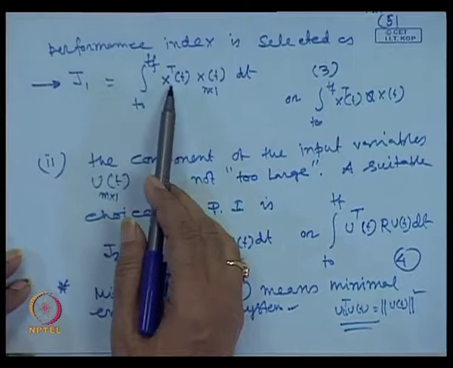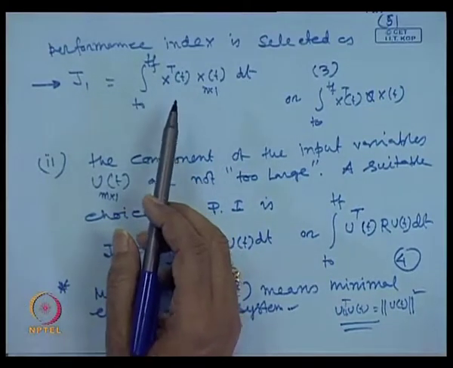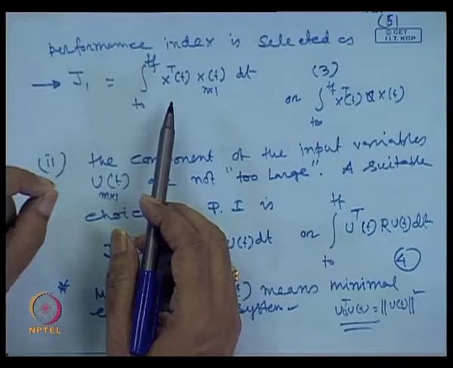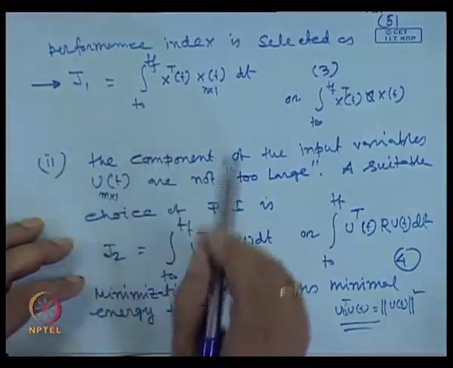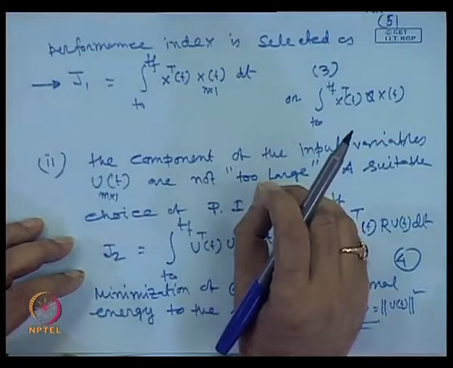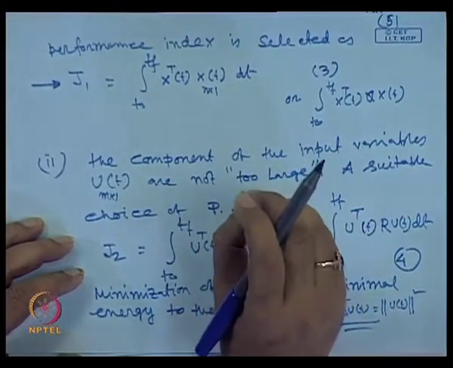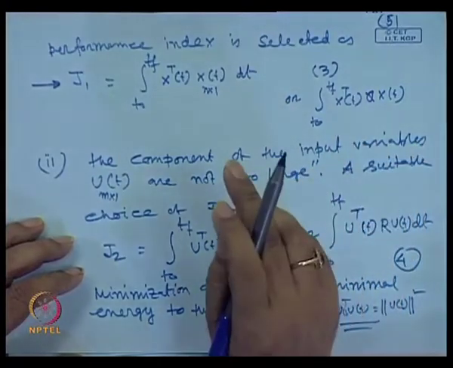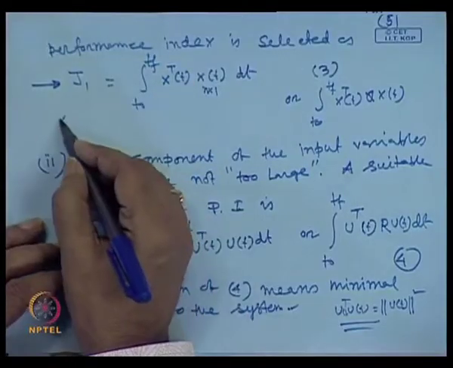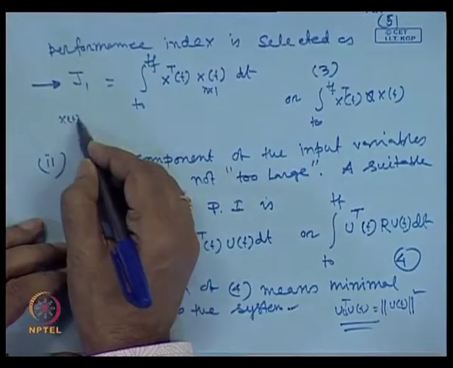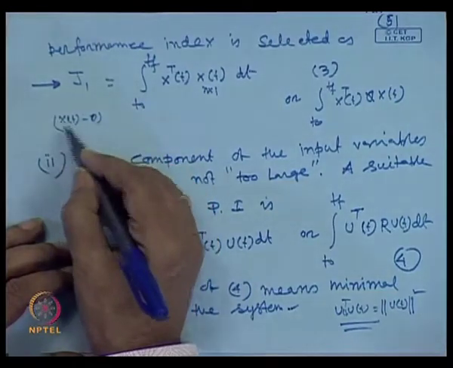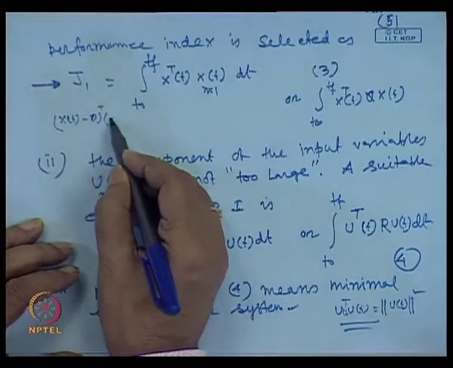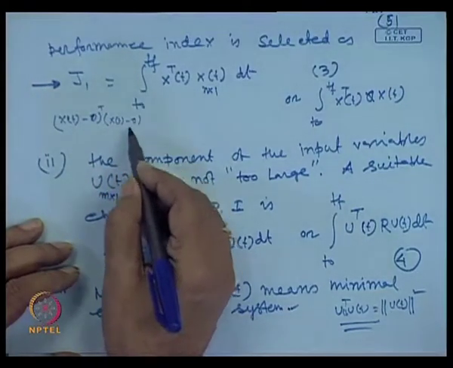If you see the first case, when the system is in equilibrium position, we expect our state to stay in equilibrium. In a linear system the equilibrium position is generally 0. If you give a perturbation with an initial condition, the state will deviate from the equilibrium position, and the corresponding deviation is x minus x0 transpose times x minus x0, where x0 is the equilibrium position.